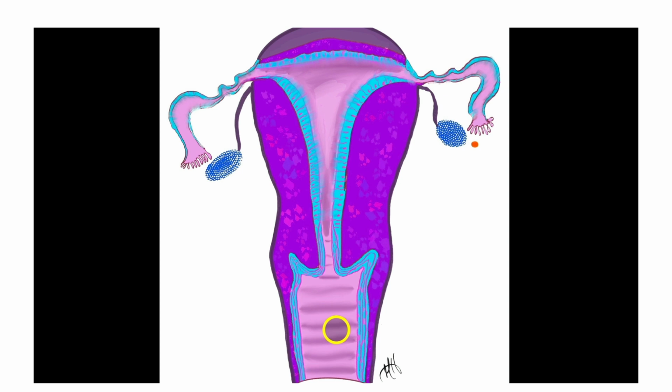The conversion or transition from one tissue type to another, in this case simple cuboidal to stratified squamous, is known as metaplasia. The vagina also maintains a low pH, and that is also to help deter any microorganisms or pathogens trying to enter the reproductive tract.